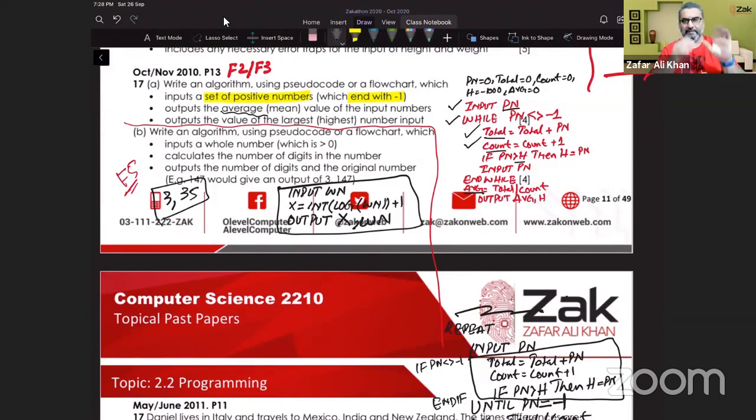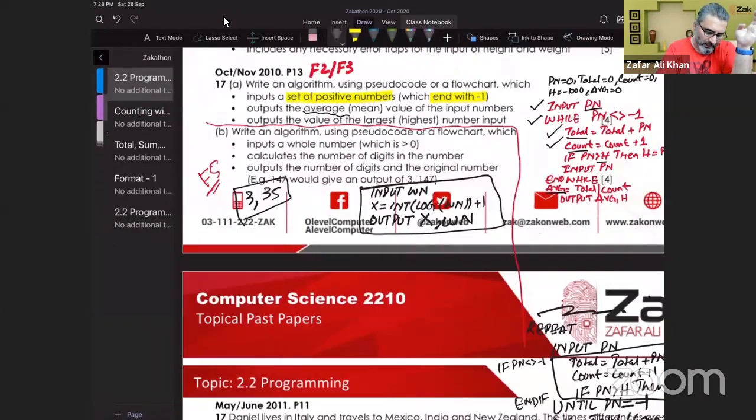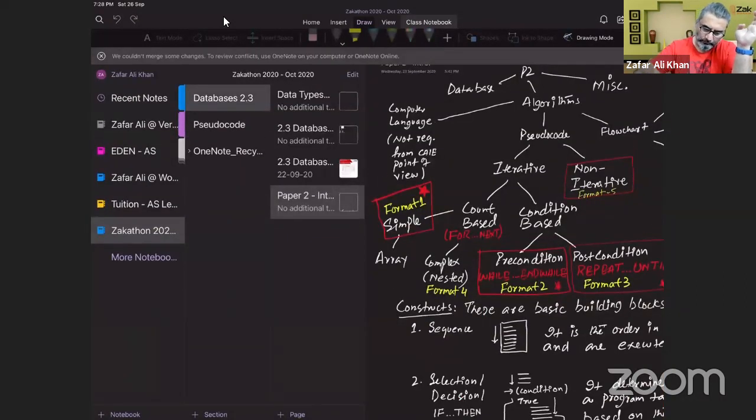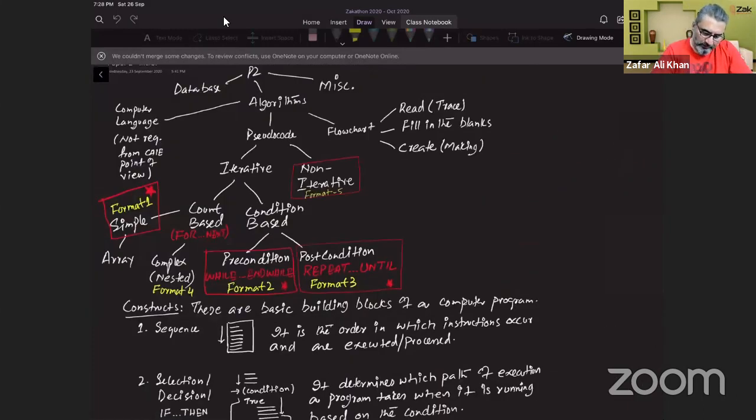Okay, so we have completed format 1, format 2, format 3 and format 5. So this format 5 is also completed. Now we are left with what? Format 4.